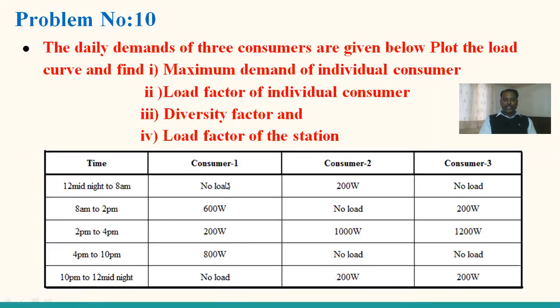Like this, over a span of time, consumer 1 utilizes the maximum load at 4 p.m. to 6 p.m. Similarly, consumer 2 utilizes the maximum load of 1000 watts from 2 p.m. to 4 p.m. Similarly, consumer 3 utilizes a maximum load of 1200 watts from 2 p.m. to 4 p.m. So this is the load details of the 3 consumers given. You are asked to calculate the maximum demand of each consumer, load factor of each consumer, diversity factor, and load factor of the station. So these are the unknowns in this problem.